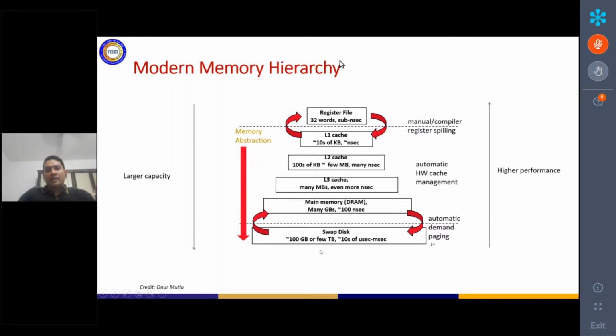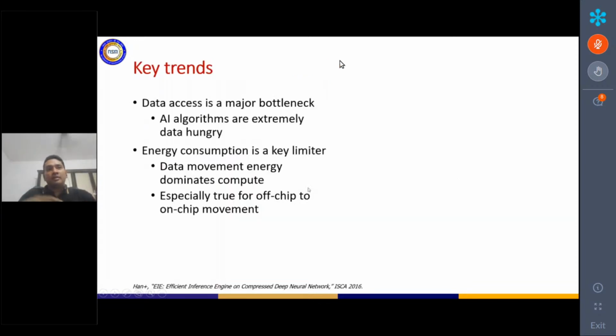And that is what is actually happening nowadays. And as I was mentioning, the benchmarks are bottlenecked by the data access. AI algorithms are extremely data hungry, if you can see how much data computation it needs per second, right? You have seen the graph before.